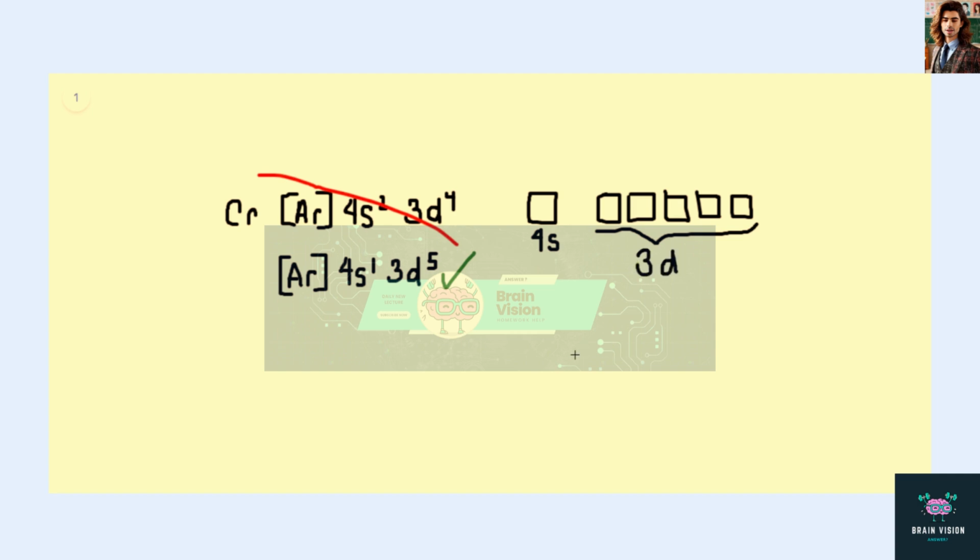You put the electrons into the orbitals from the lowest energy to the highest energy. However, 4s has the ability to penetrate and be a little bit lower energy than the 3d orbital.